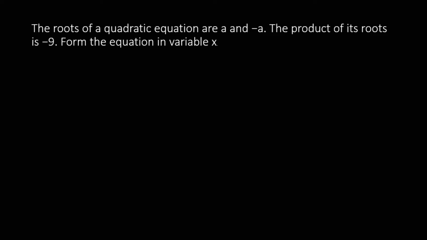So suppose roots of the quadratic equation are alpha and beta. So sum of roots here is a plus minus a, so sum of roots can be added, and this is equal to 0, and the product of roots is given as minus 9. So alpha into beta is equal to minus 9.